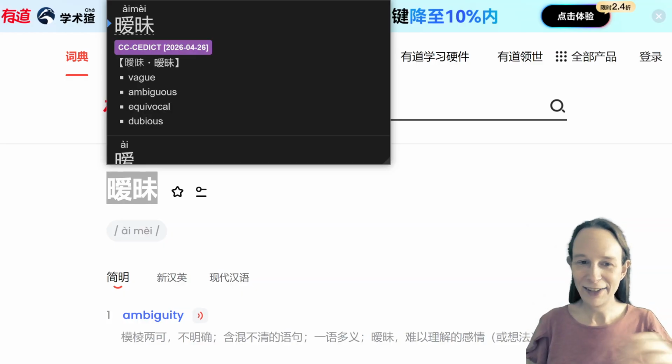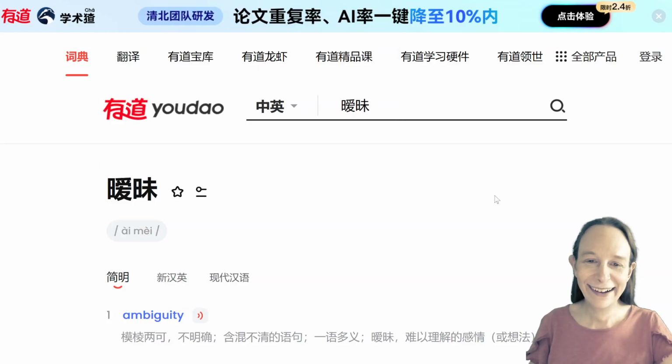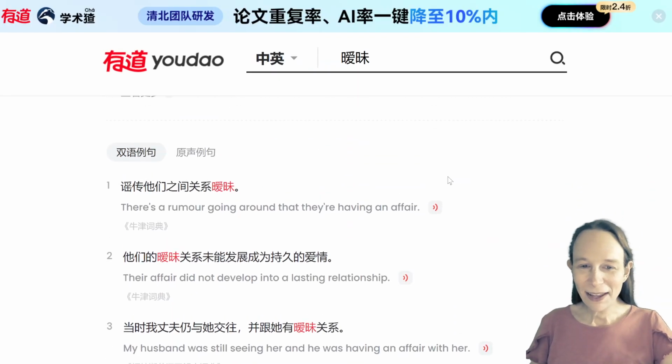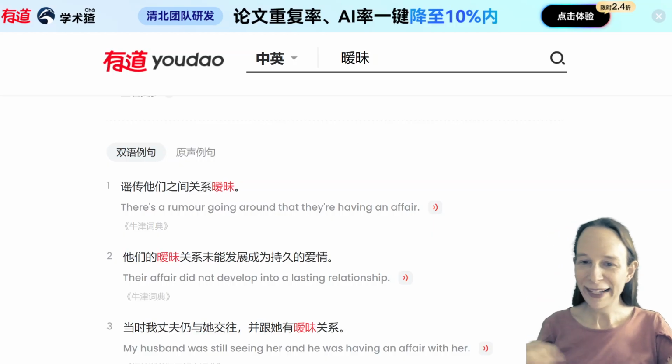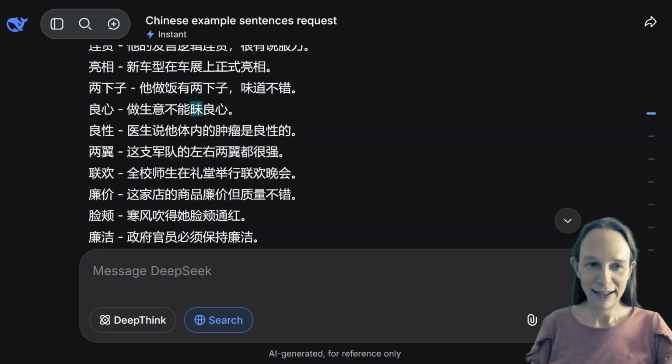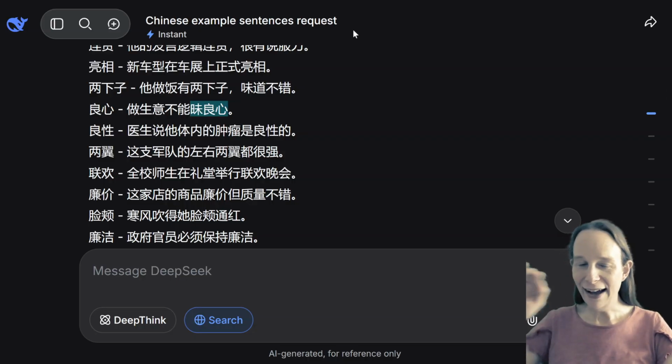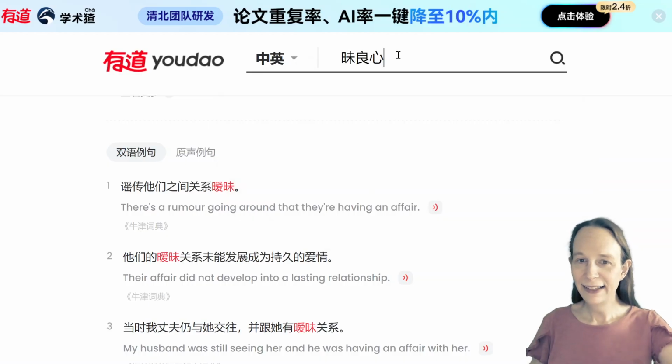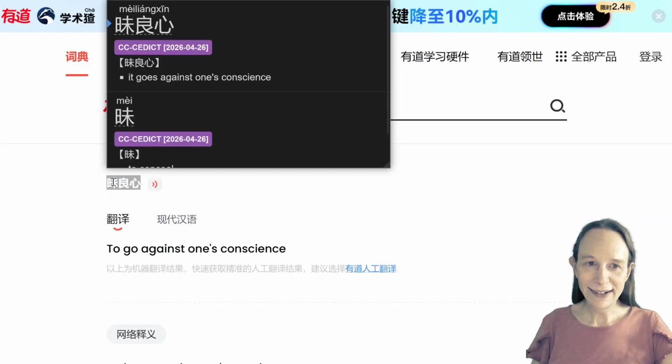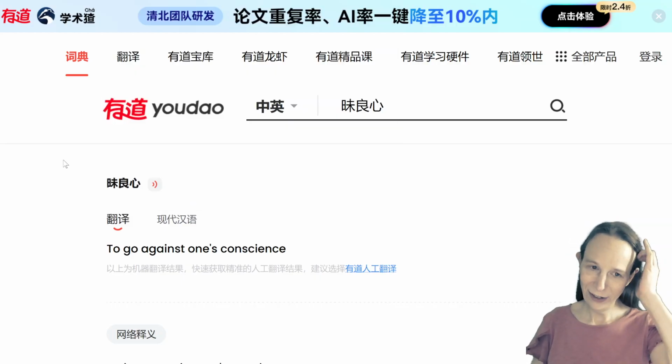And sometimes you use it as a verb. We're 暧昧ing. But that's more like using your poetic license when speaking. Right. So, 昧良心. This is a new one for me. 昧良心 goes against one's conscience.